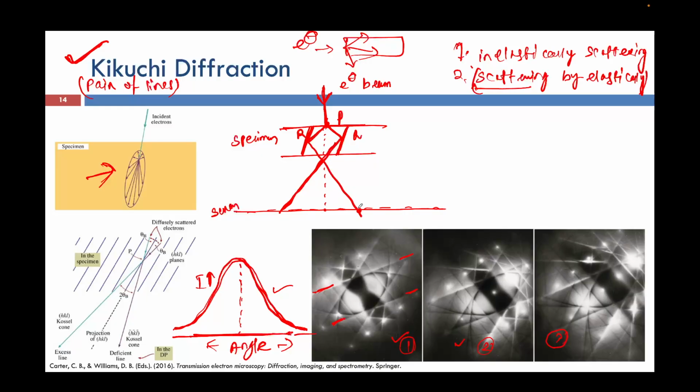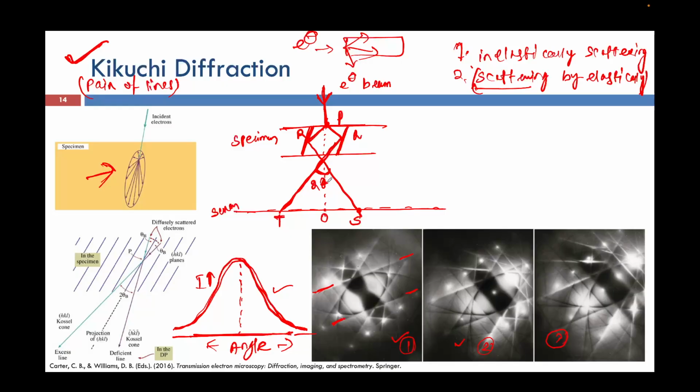Let's consider this point as S, this point as T, and this point as O. Now that I have considered my elastic scattering is happening with Bragg's diffraction law satisfied, this angle will be 2 theta.